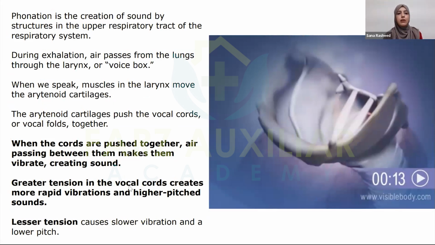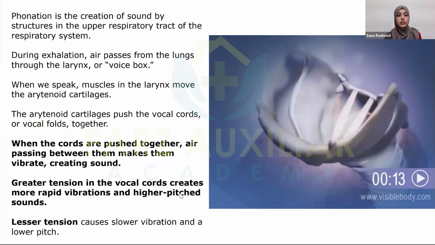Phonation is the creation of sound by structures in the respiratory tract. During exhalation, the air passes from the lungs through the larynx, or the voice box. Then the arytenoid cartilages push the vocal cords, or vocal folds, together. Whenever the vocal cords are pushed together, the air passing through them vibrates, which creates a sound.